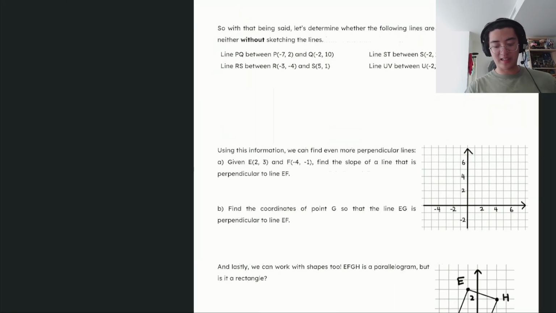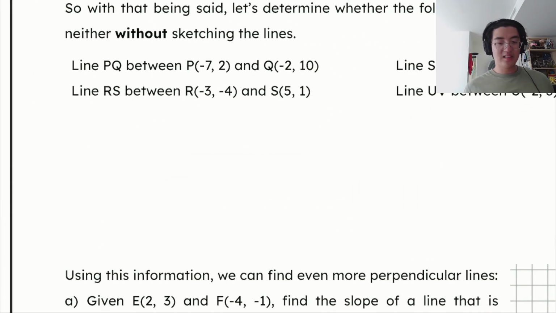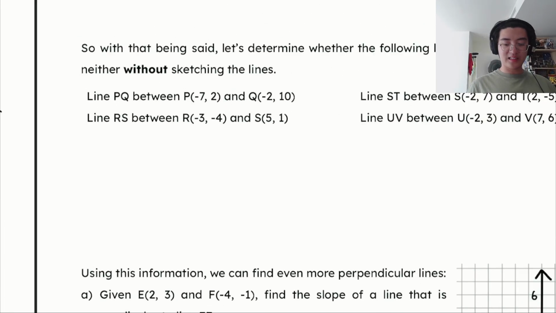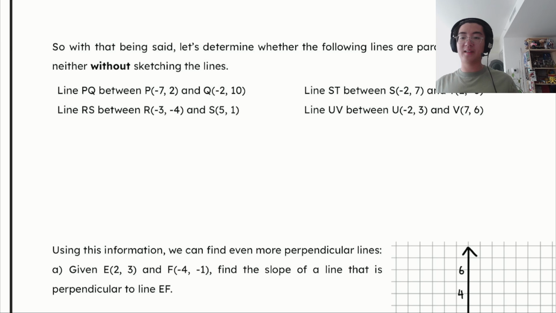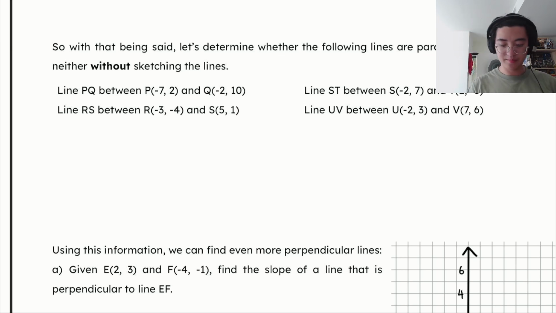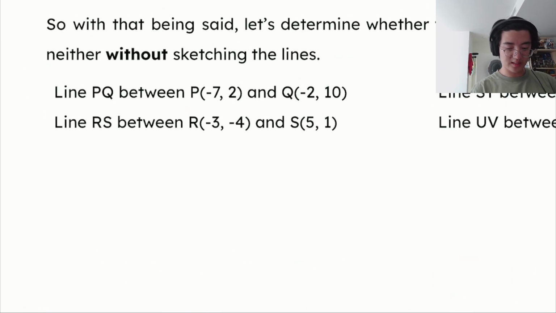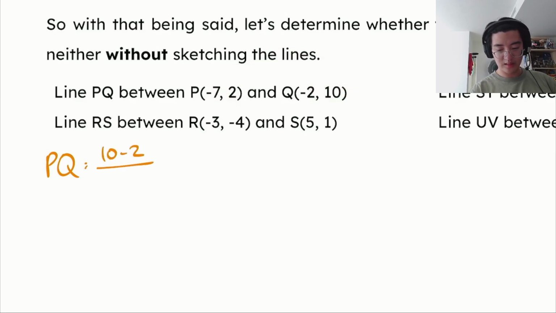Okay, let's do more slope practice. Let's see whether the following lines are perpendicular, parallel, or neither, without sketching them. Okay, let's find the slope of PQ. So it's 10 minus 2, over negative 2 minus negative 7, which is 8 over 5.